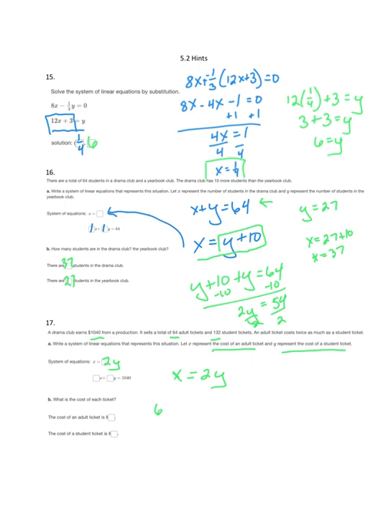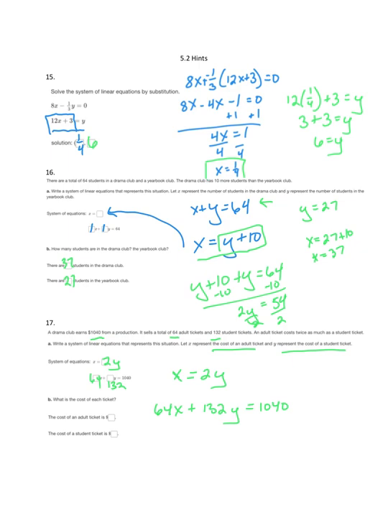So if we multiply 64 times however much an adult ticket costs, plus 132 times however much a kid ticket costs, that's going to give us the total we earned. So we have 64x plus 132y is equal to $1,040.